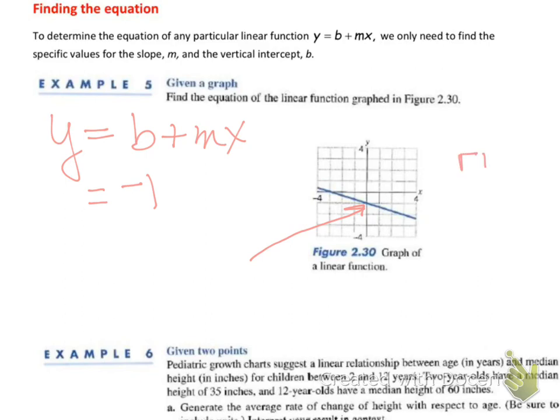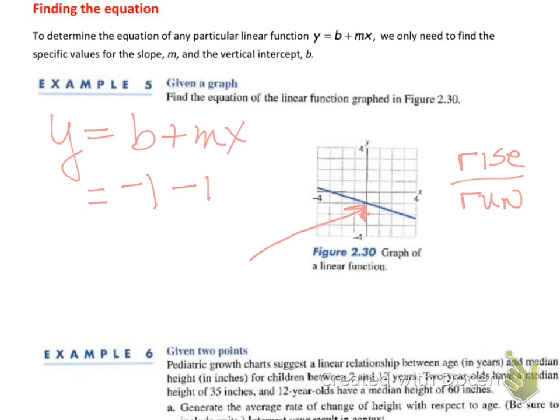Remember that slope is rise over run. It's easier to think of that when it is positive. But from the y-intercept, instead of rising up, if I have to rise down, that's going negative. So I'm going down 1, so that's going to be a -1.